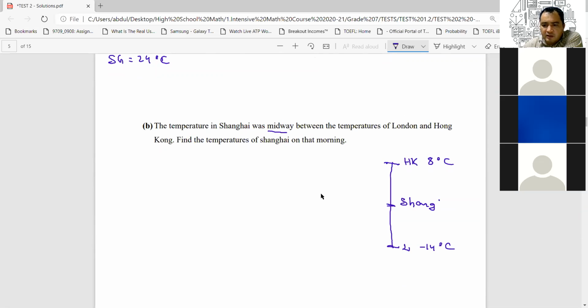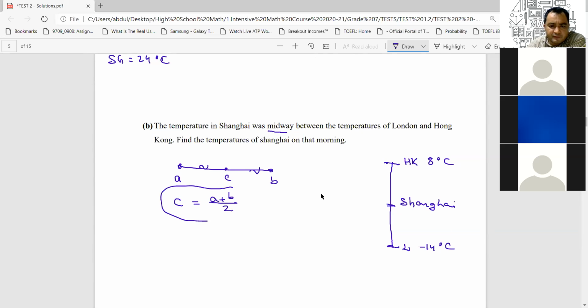Okay, Shanghai. So how do you find this? We know that if you're given 2 points, vertical or horizontal, it doesn't matter, how do you find the midpoint? Let's say this point is A, this point is B. How do you find this midpoint? Here we have C. These line segments are equal. So C is equal to (A plus B) over 2, right?